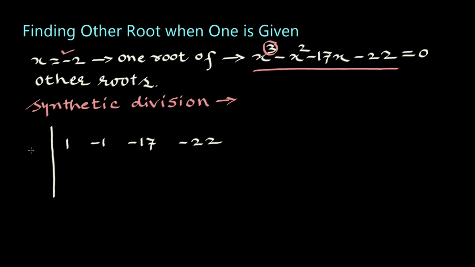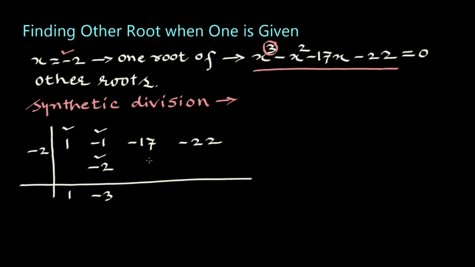Then we write this minus 2 here. First we pull down this 1 and write down here minus 2 into 1, minus 2. Minus 1 minus 2 gives us minus 3. Minus 2 into minus 3, 6. Minus 17 plus 6, minus 11, and minus 2 into minus 11, 22, and minus 22 plus 22 gives us 0, and this 0 indicates the remainder.